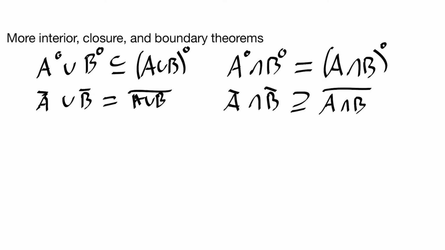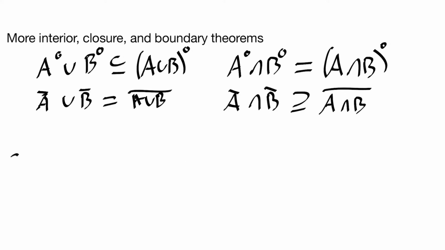And this is for the same reason that since we're doing intersections, A intersect B could have gotten smaller, and so its closure could have lost some things. We could have made it a little bit smaller and lost some points when we intersected them. Okay, so there we go.